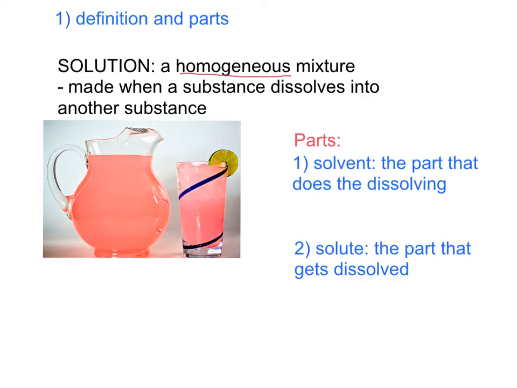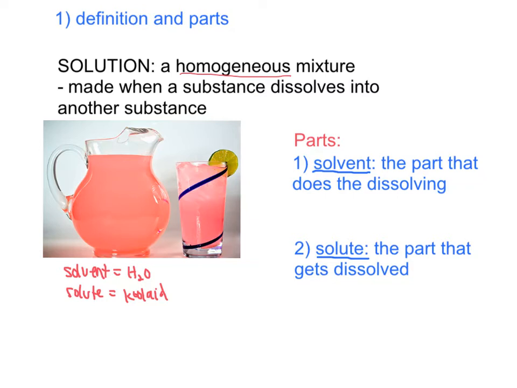There are two parts to every solution. The first part of a solution is the solvent. Solvent is the part of the solution that does the dissolving, and the solute is the part that gets dissolved. So in our Kool-Aid example, the solvent is going to be water, and the solute is going to be the Kool-Aid powder, including the sugar and all of that.